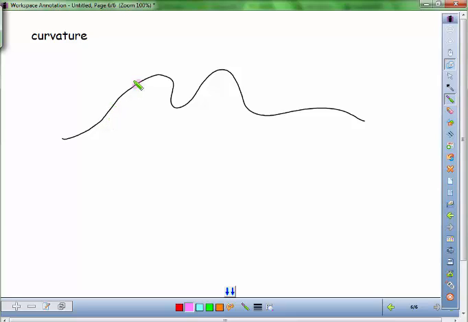Like if I look at this piece of the curve over here, it looks kind of like a straight line, right? And if you look at this piece of the curve over here, it looks like it's bending a lot. So in geometry, it sometimes would be important to try to measure how something is curving. And so the measure of how something is curving is called curvature. So that's what we're going to take a look at, curvature.